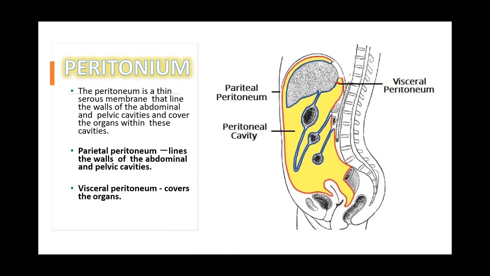However, they are submerged, lined by the visceral peritoneum. Now, those structures that are submerged in this cavity are called intraperitoneal structures. Those structures that are behind this cavity are called retroperitoneal structures.